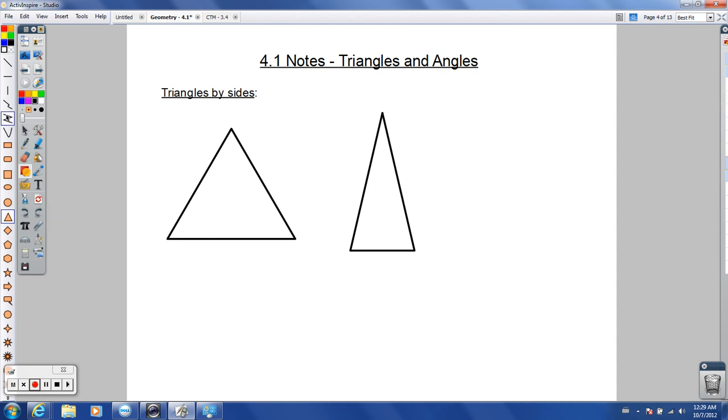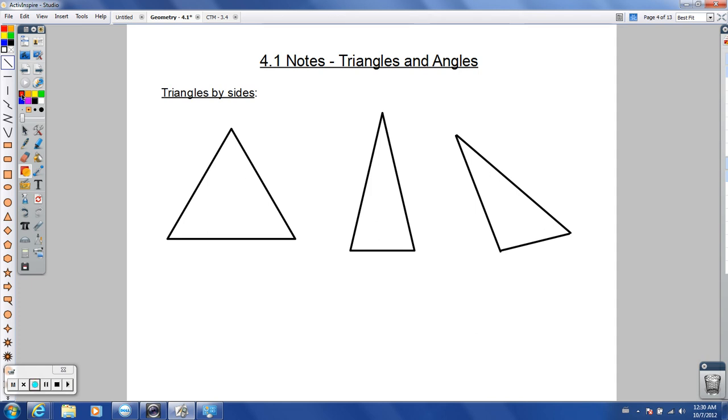And then also let's do one like this. So that's a little more than a 90-degree angle. Nothing too special about that one.